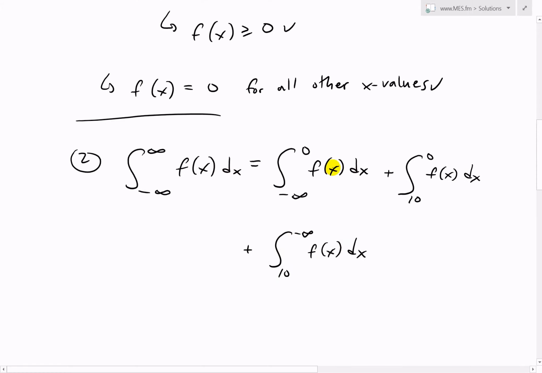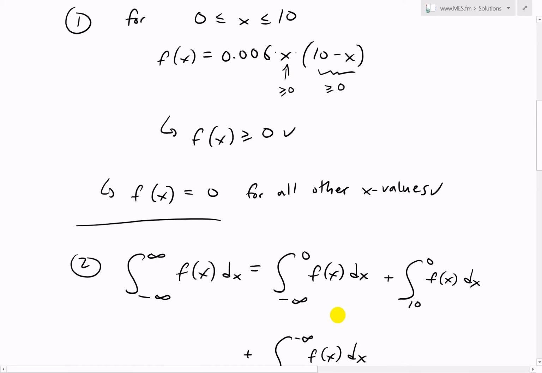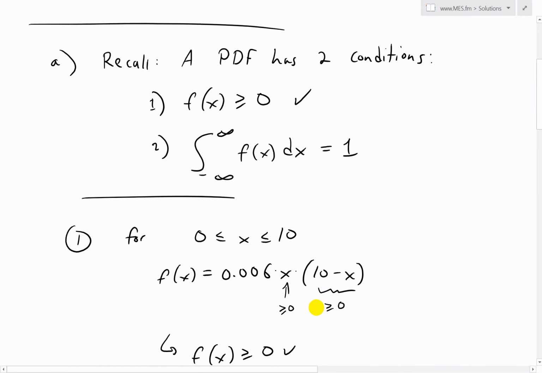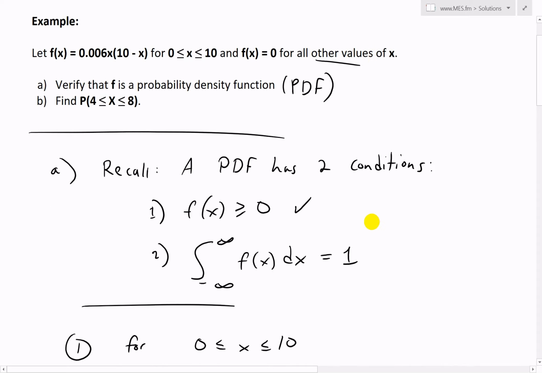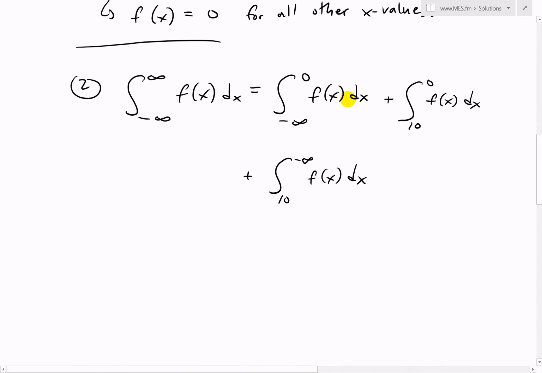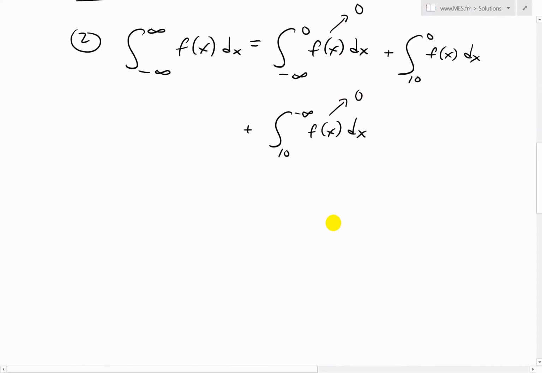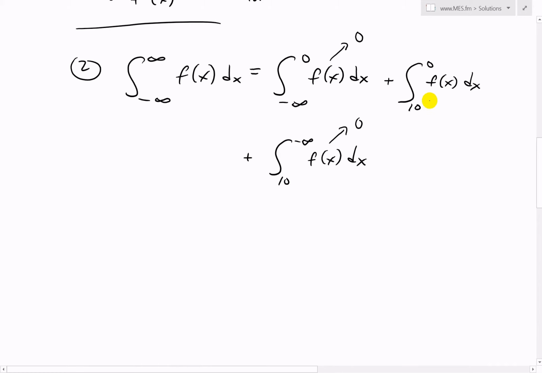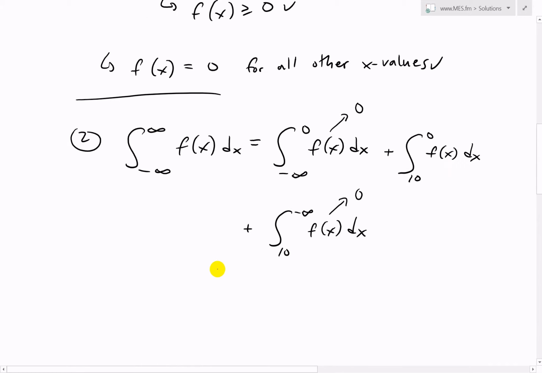Again, for all other values of x, f of x equals 0, and the integral of 0 is just 0. So underneath this curve there is no area, it's all 0.